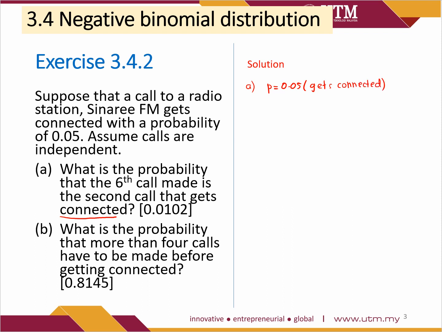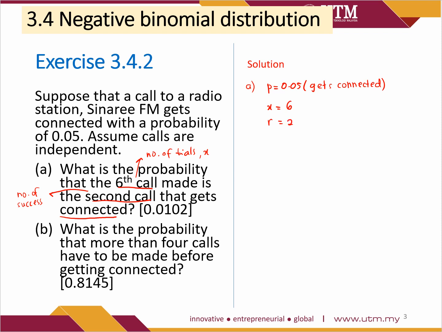For A, the probability that the 6th call made is the second call that gets connected: the second call is the success, so this is our number of successes, and the 6th call means you have tried 6 calls, the number of trials, to get connected. The number of trials is defined as X and the number of successes is defined as R, which is 2.